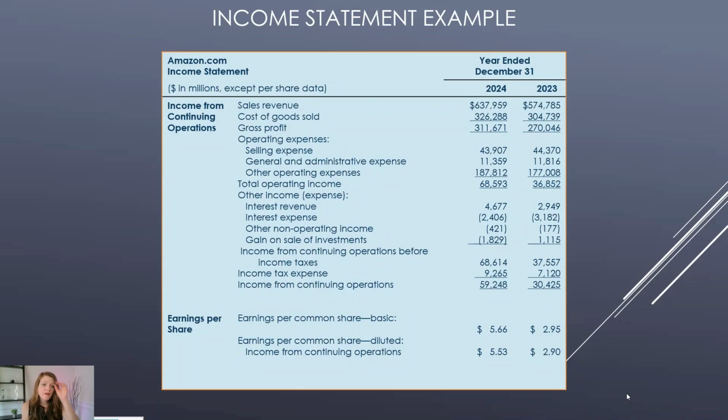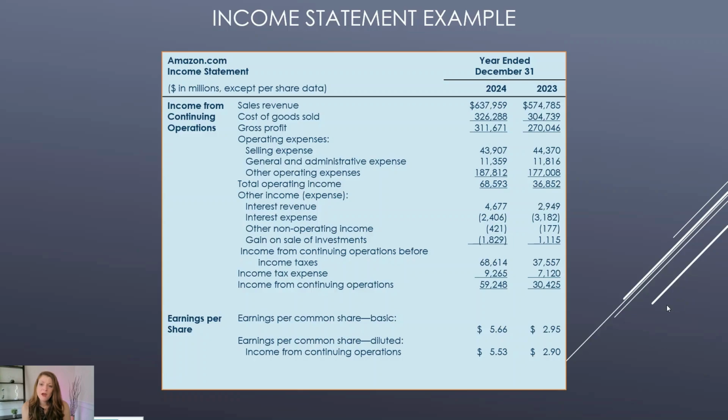And you can compare how that looks from one year to the next. Looks like they have more in operating expenses in 2024, but they also have much more in revenue as well, close to $100 billion more from 2023 over to 2024.